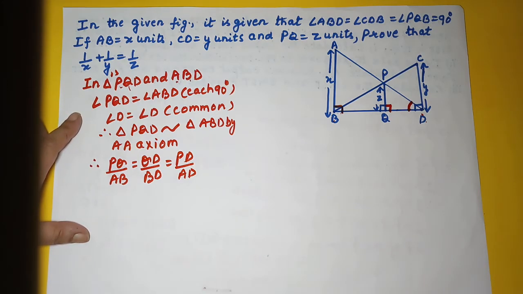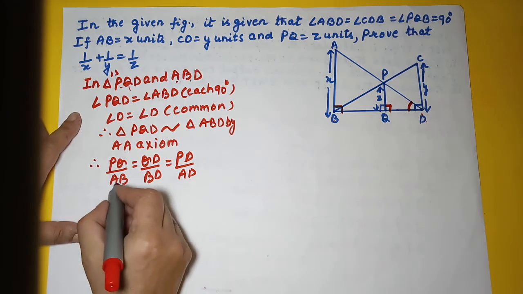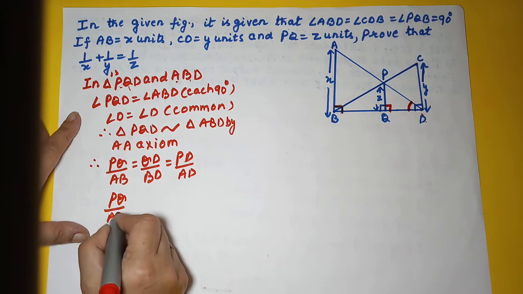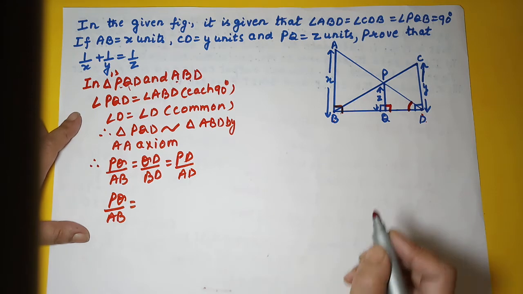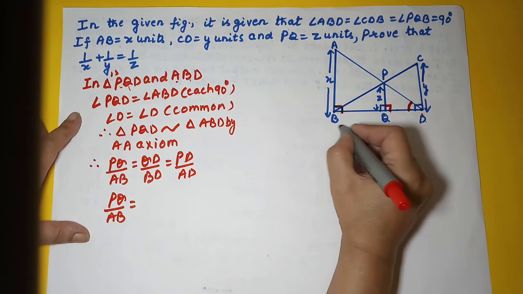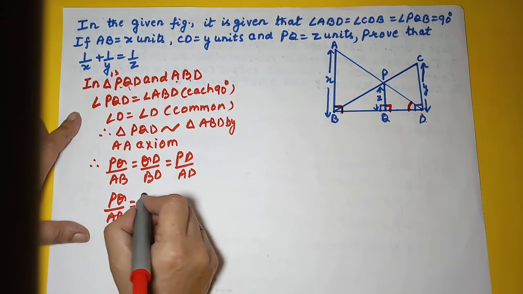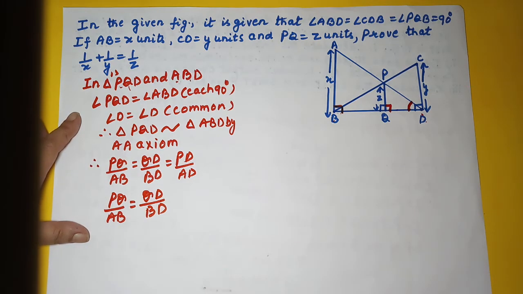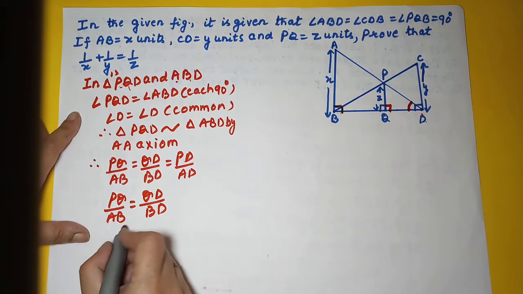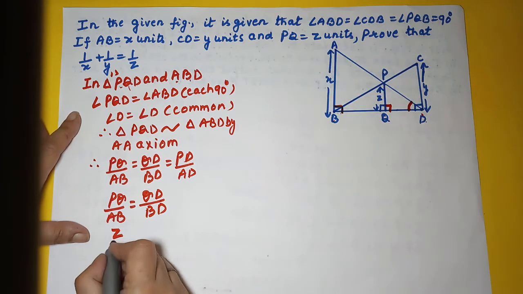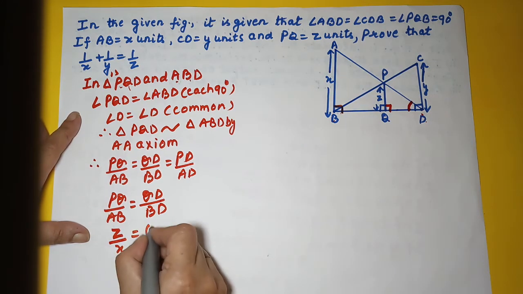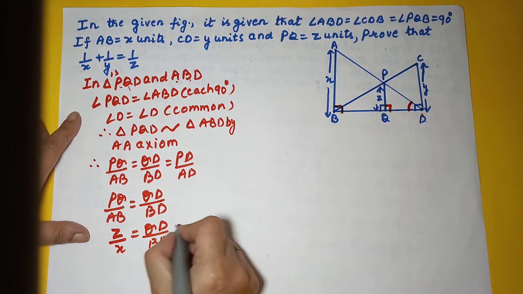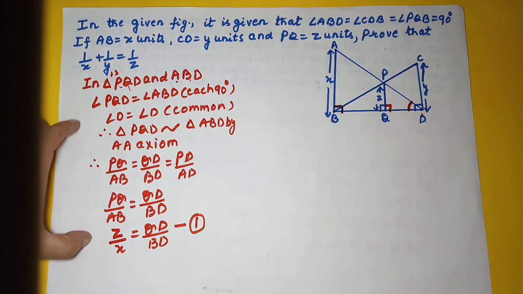So we will take PQ upon AB equal to QD upon BD. So let's substitute the values. PQ is Z, AB is X, and this we will keep as it is, QD upon BD. Right? So let me name this as equation 1.